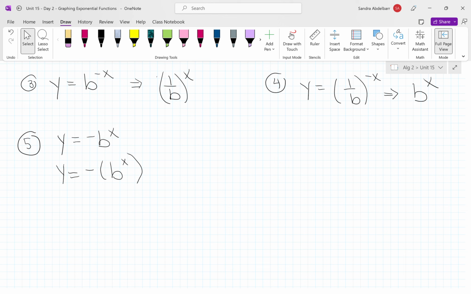No, they're the same. So according to order of operations, do we all agree this is a -1 here? So don't I have to do b to the x first and then multiply it by -1? Isn't that what this is saying to do? B to the x, then multiply it by -1. So are these the same or different? These are the same.